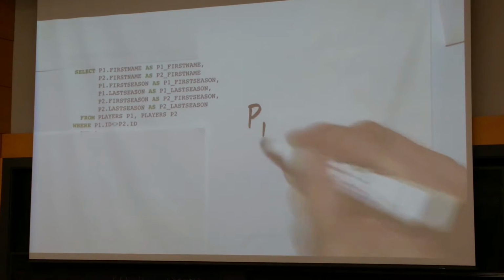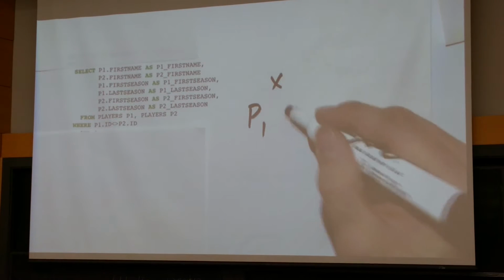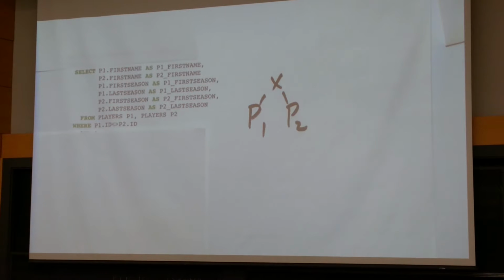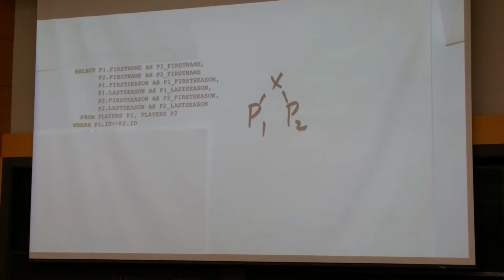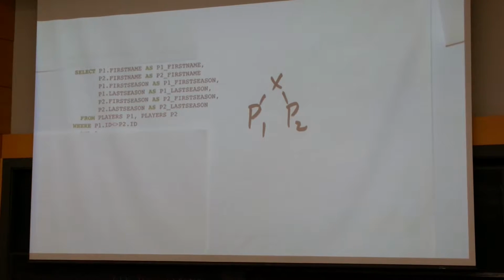So we're going to have P1 and P2. If you have more than two, you can parenthesize them however you like. The reference implementation builds up the cross products left to right.